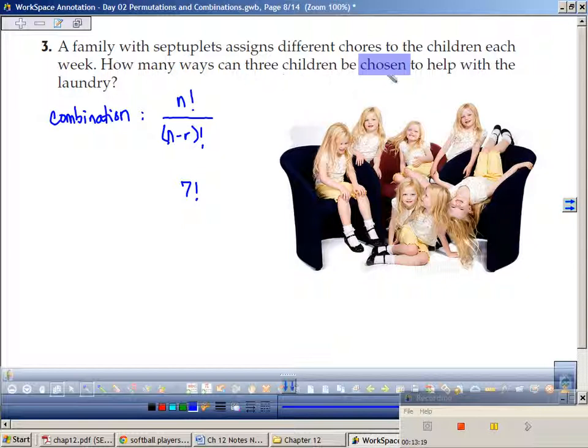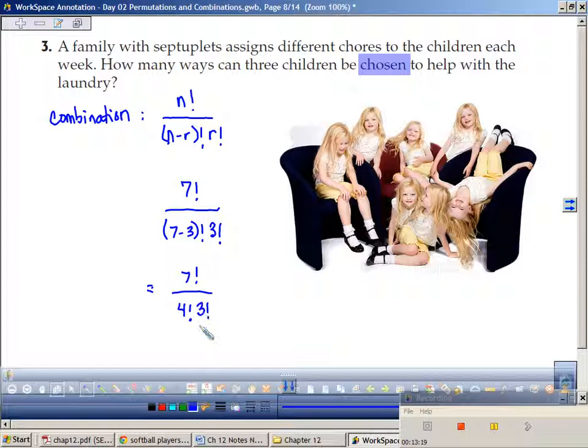How many ways can 3 children be chosen? So that's going to be 7 minus 3 factorial. And then finally, we have to add in how many chosen factorial. That would be 3 factorial. So it kind of works out where you've got 7 factorial over how many you're going to choose, and then the difference of how many you're going to choose from how many that you have.